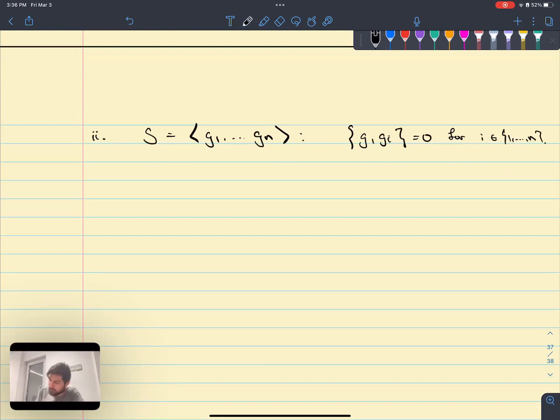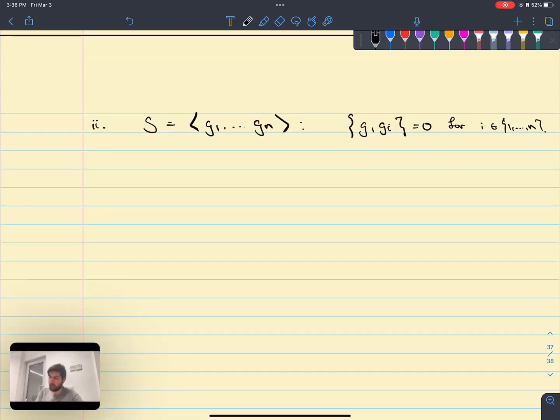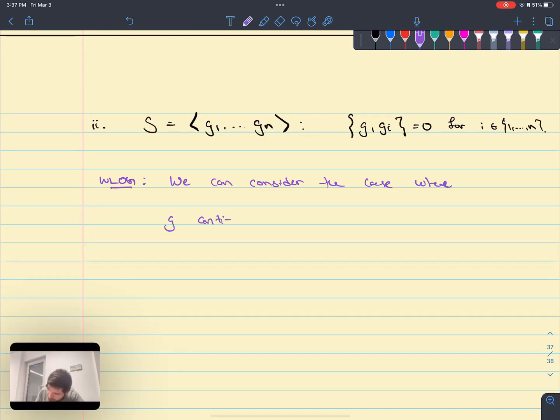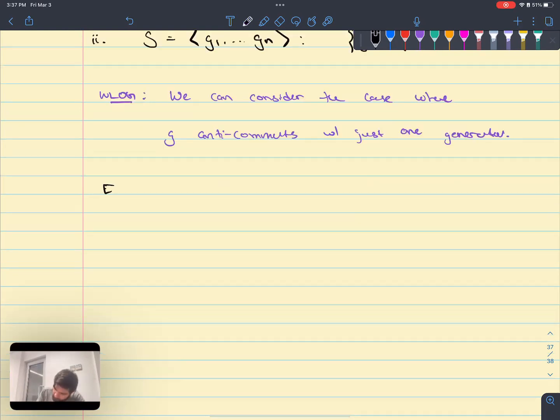There's the following argument, which is easier to explain with an example: we can always restrict, without loss of generality, to the case where G anti-commutes with just one generator.